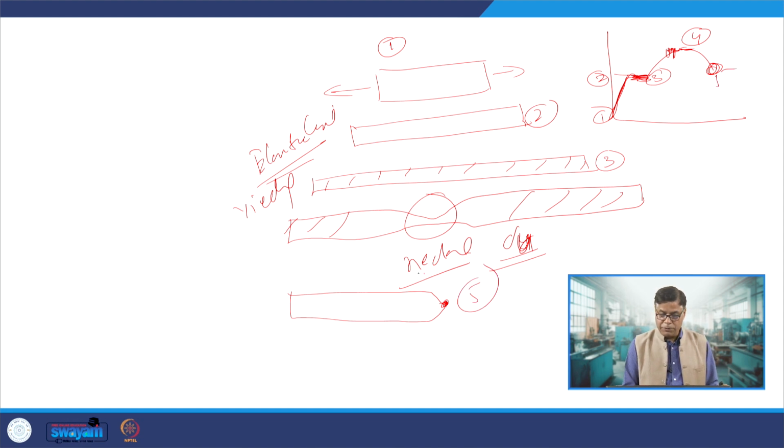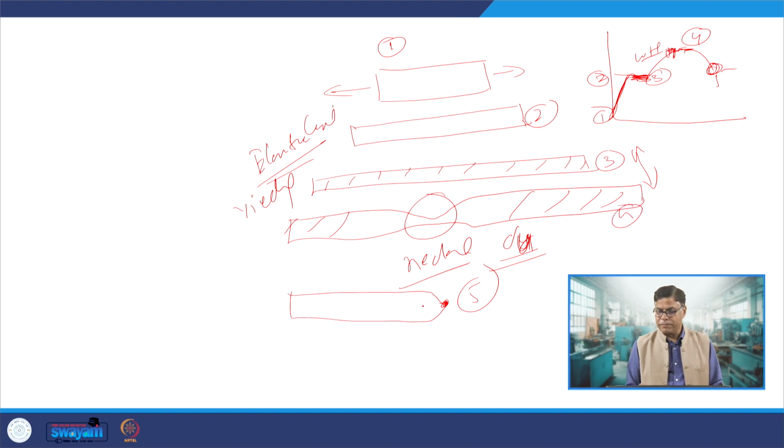So between 3 and 4 there will be a continuous increase in length and reduction in diameter throughout the length, and this is the zone where work hardening happens. Necking will start at point 4, and at point 5 there will be the fracture.